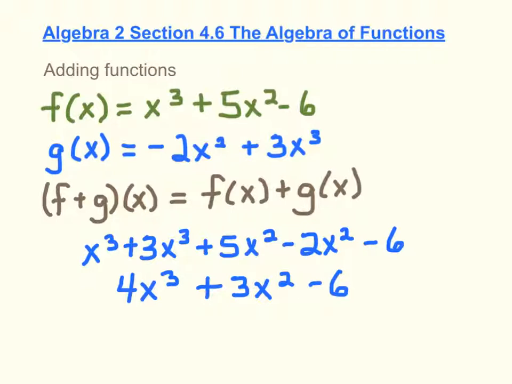And that is your solution. Make sure when you write your answer, and I'll remind you of this in the next example as well, make sure you write your answer with the highest exponent first, always, followed by the next lower exponent, which is a 2, and then on down as your exponents decrease.